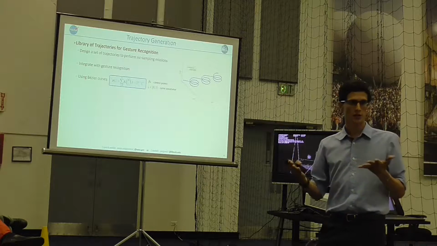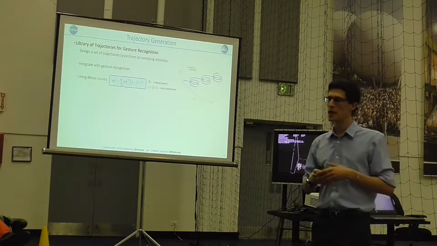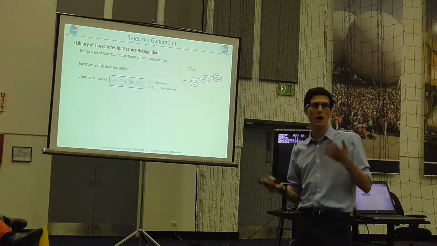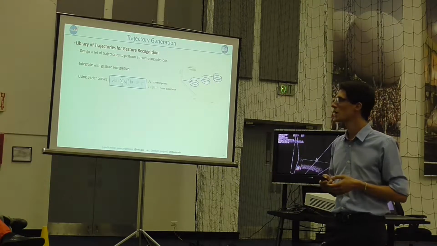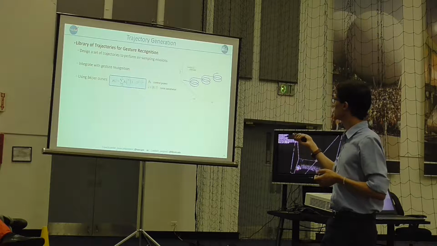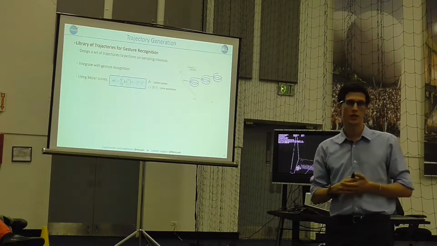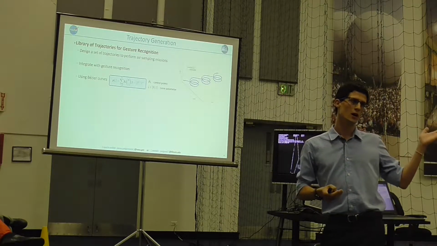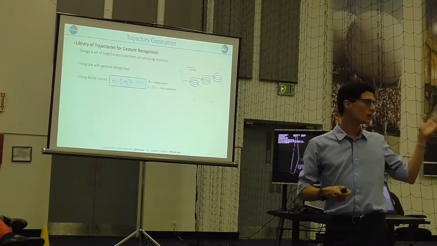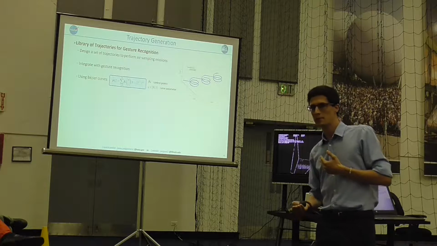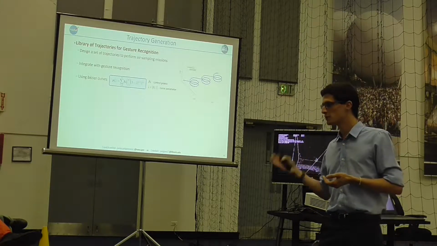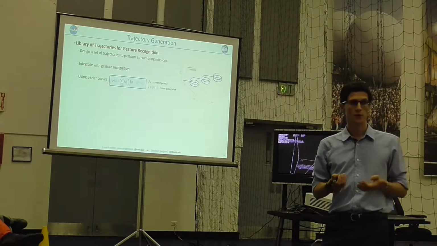First of all, the trajectory generation. We want to plan our mission, and there are different approaches to this. One of the approaches that we've been working on this summer is developing a library of trajectories for gesture recognition. This was particularly tailored for the atmospheric science mission, where we expect to have non-UAV experts flying these vehicles.